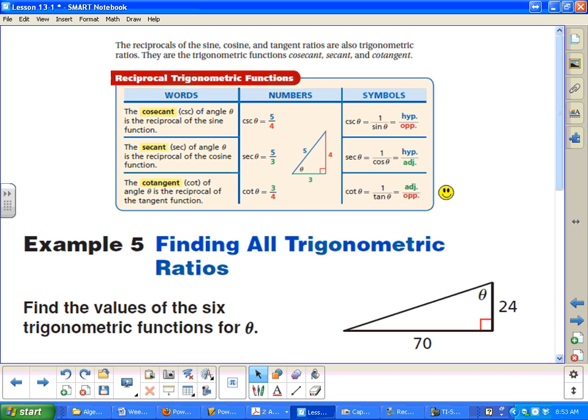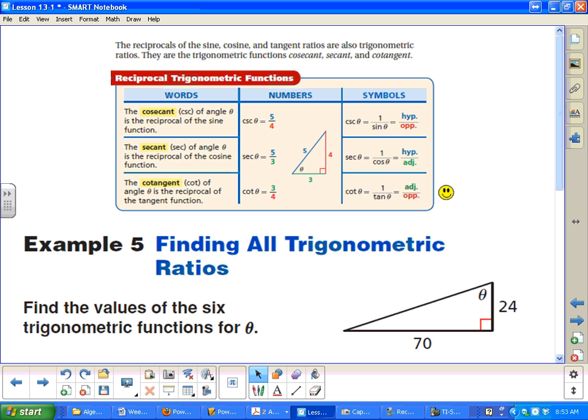So whenever you have a problem that asks you to find all 6 of the trig functions, which you'll have a few times, what I would always do is vertically write down sine, cosine, and tangent, and then right next to them, in the second column, write down cosecant, secant, and cotangent. So you put the reciprocals next to each other so it's easy to flip over your answer. Okay?